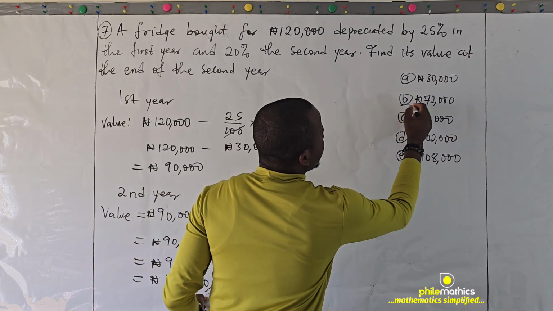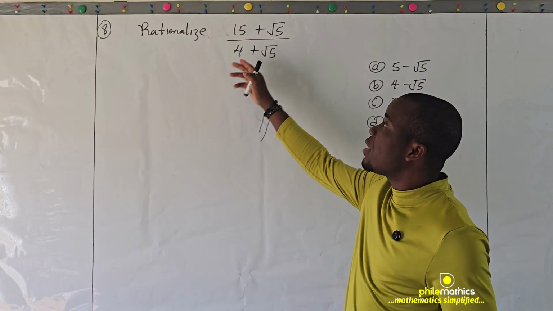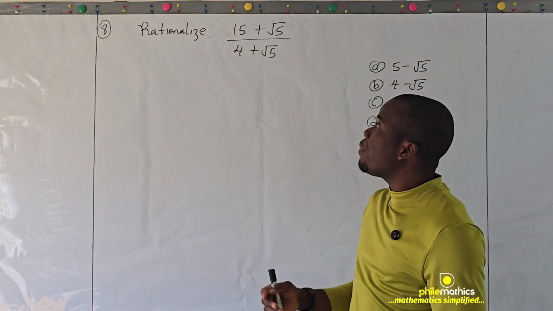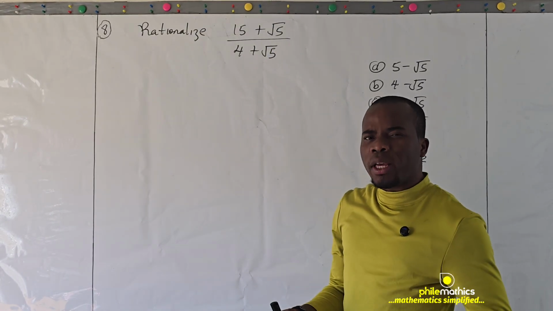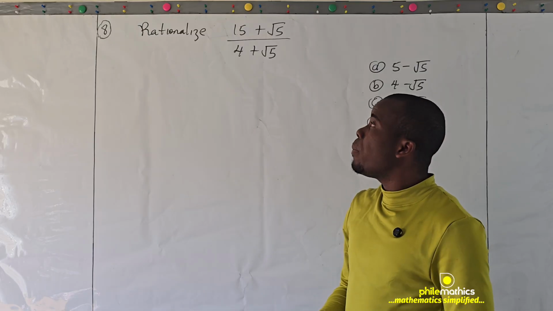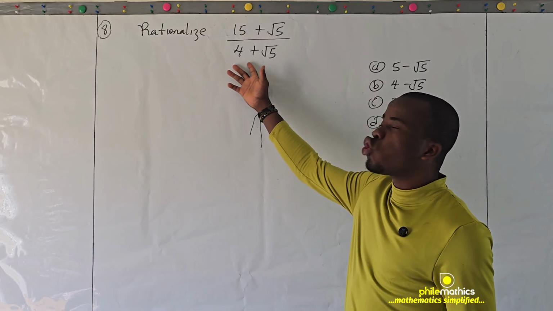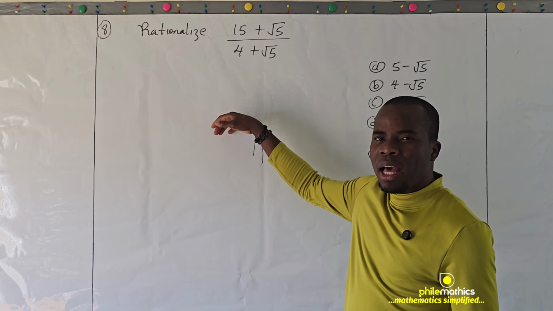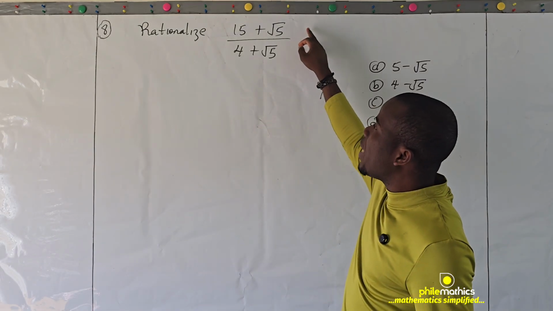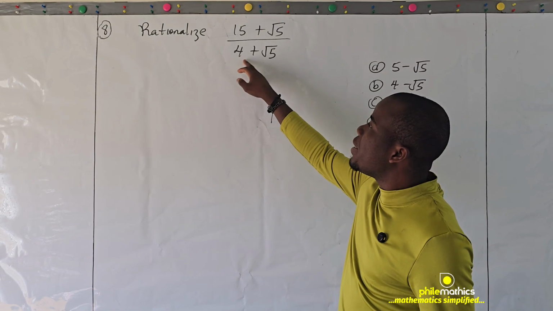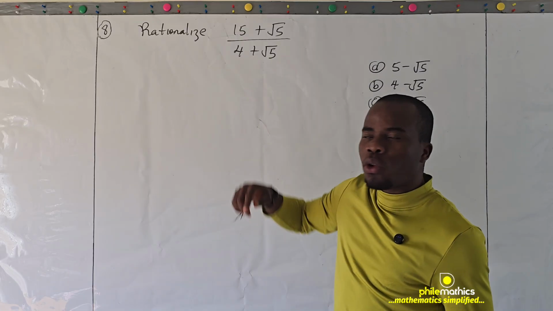And that's B. We're asked to rationalize 15 plus root 5 over 4 plus root 5. And what we do in rationalization is simply to remove the surd from the denominator. And how we do that is to multiply the numerator and the denominator by the conjugate of the denominator.